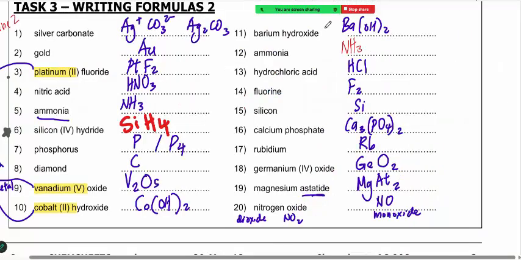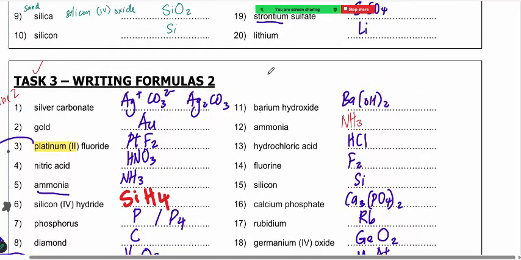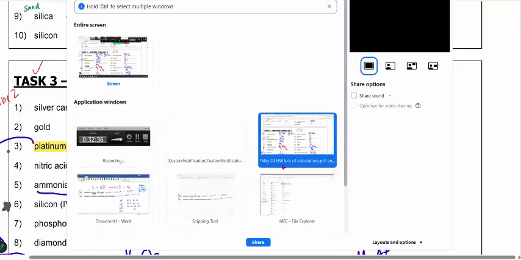Hydroxide. Do you understand why barium hydroxide is Ba(OH)2? Because you need to swap the numbers. Barium, hydroxide, OH negative 1. Correct or not? So this one is the same thing.